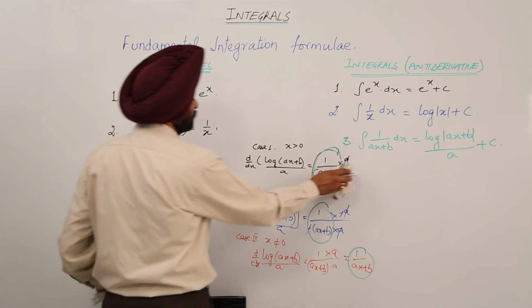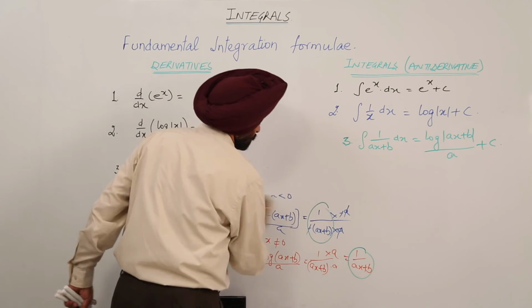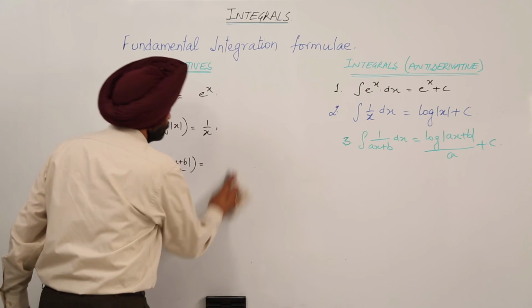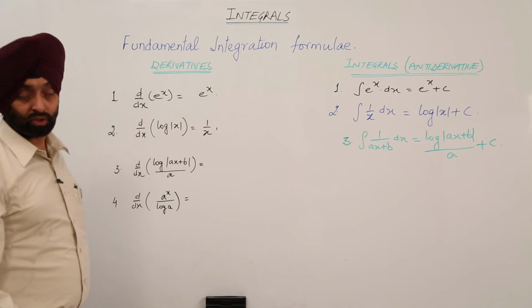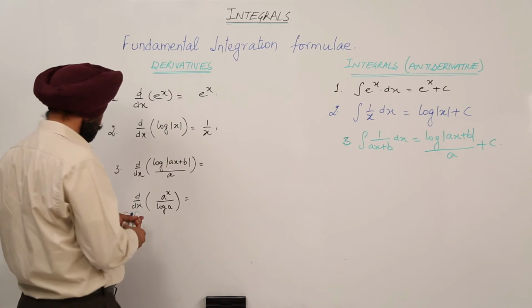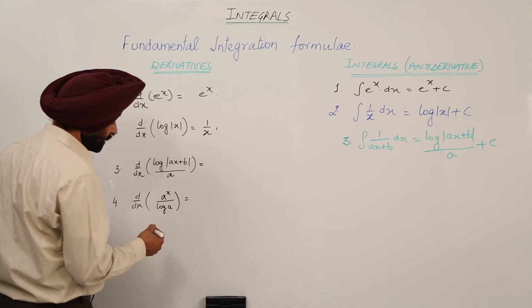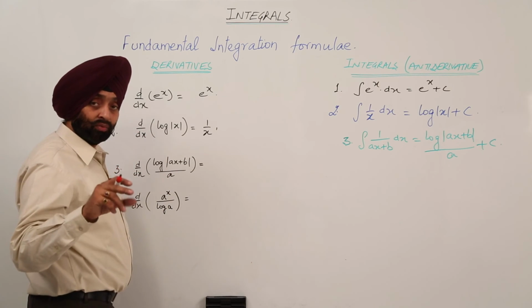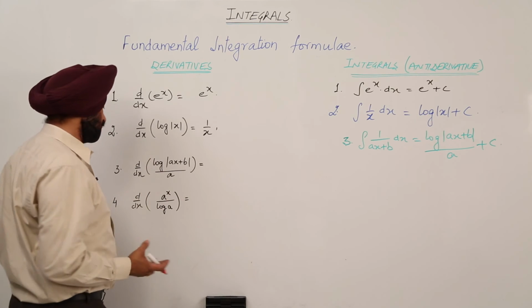So we have 3 cases for the derivative part, and that's why the result is with the modulus function, with mod, not without mod. Okay. Now number 4, d by dx of a raised to power x, a numeric value with any number or a variable as the power.